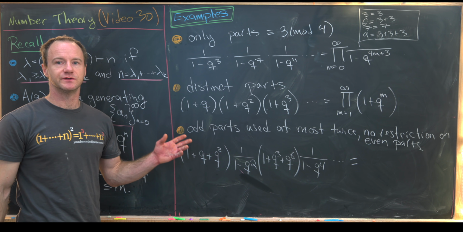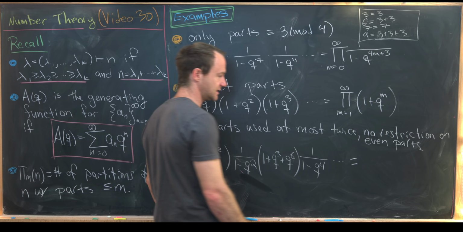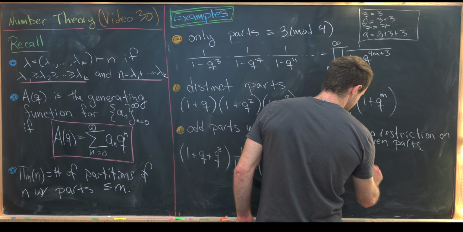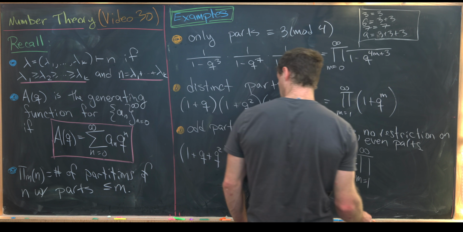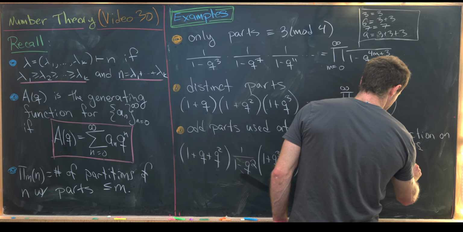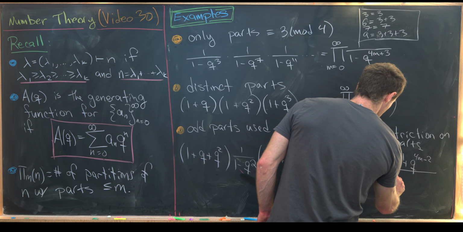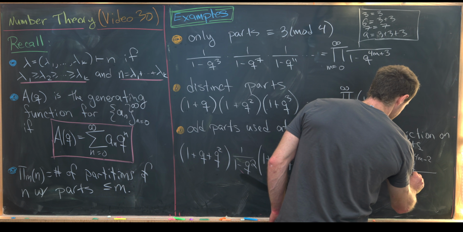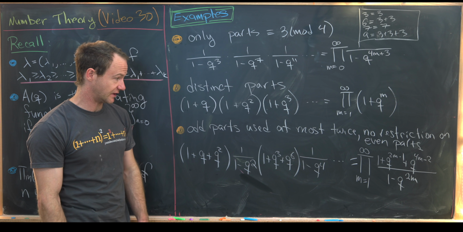We're only able to use the odd parts 0, 1, or 2 times, but the even parts are unrestricted. So we can put all of this together into the product as m goes from 1 up to infinity of 1 plus q to the 2m minus 1 plus q to the 4m minus 2 over 1 minus q to the 2m. I think that would be a good description of this generating function.